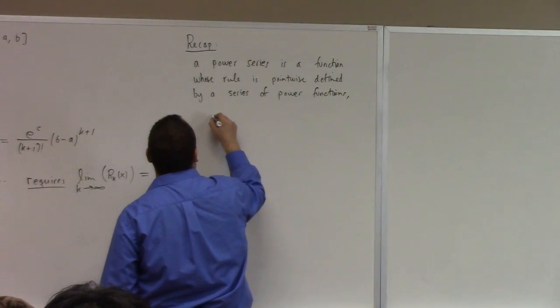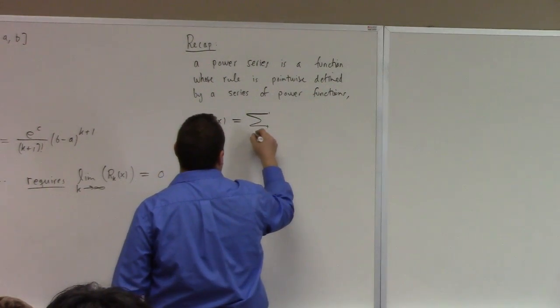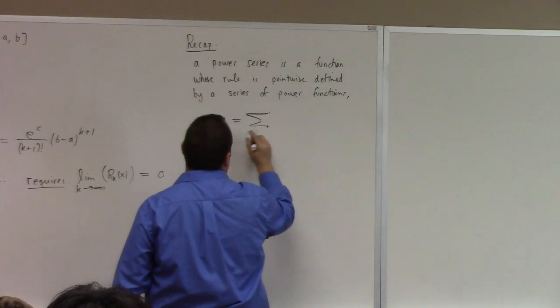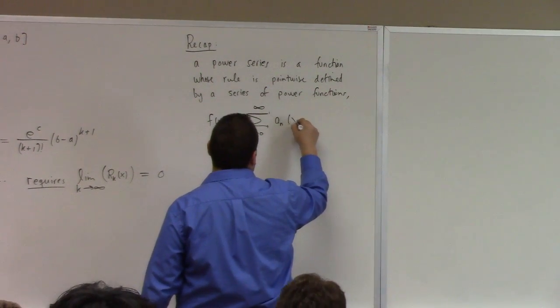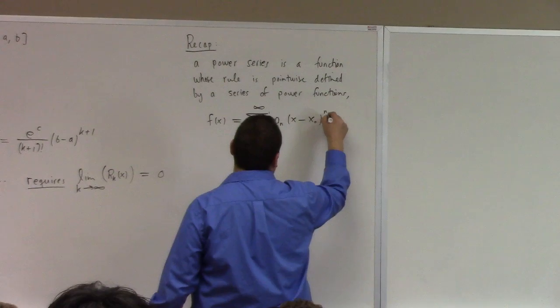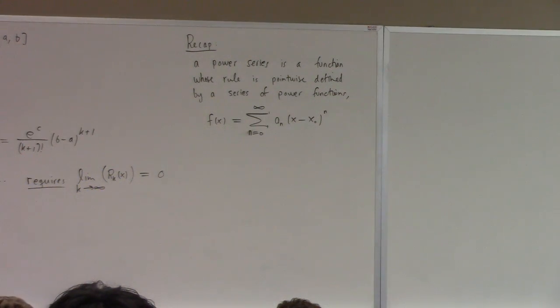So basically what we have is f of x is equal to a sum, n equals 0 to infinity of a sub n times x minus x naught to the n, right? This is a power series.